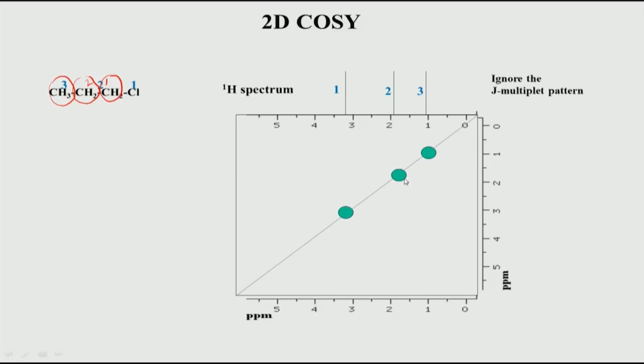So, what is the use of the diagonal peak? Basically, it is sort of useless, it has no value for us, because it does not give any information, it only says this is this and this is this on both axes. What extra information do I get? I do not get any information. So, diagonal peaks in NMR are more of a trouble to us than a source of information. One of the areas of research in NMR is to have a diagonal-less homonuclear experiment.